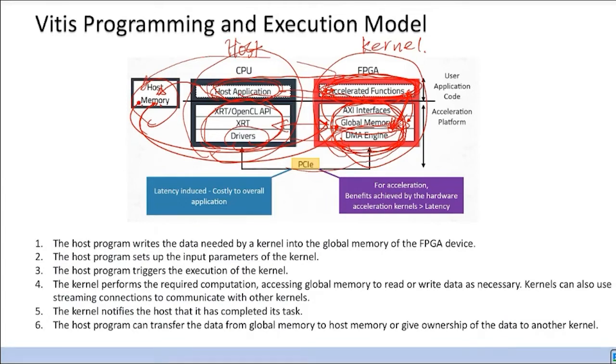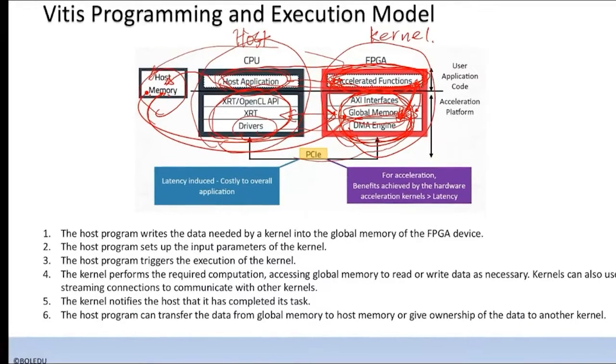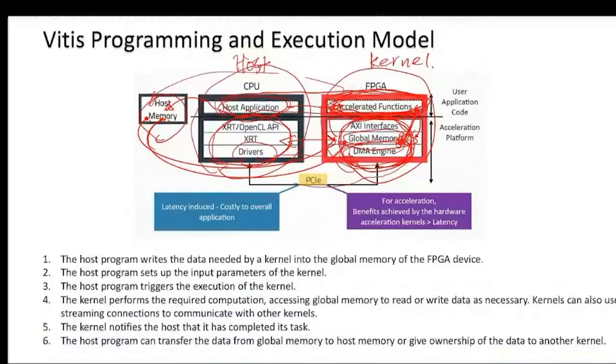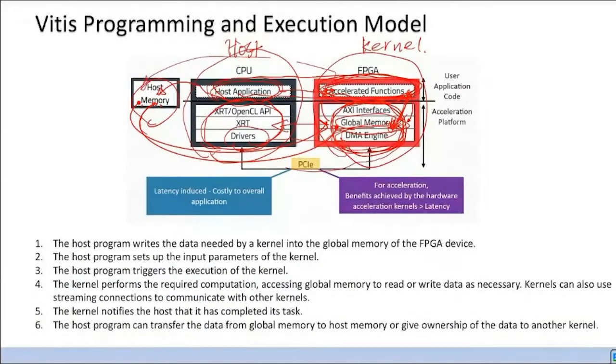I think this working model is very simple and easy to manage. However, it has a lot of overhead. I think most of the overhead comes from the latency introduced by the data movement.